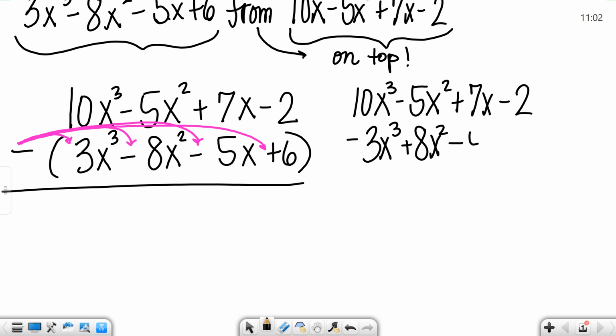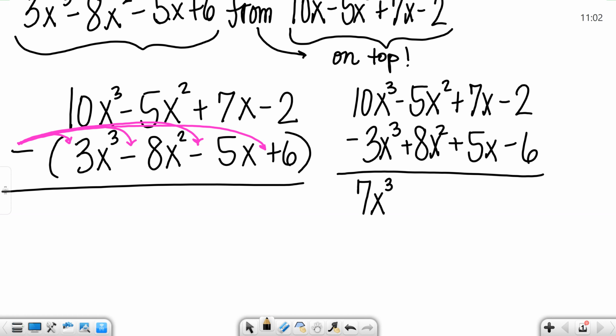Then we had this minus 5x, but times the negative out front makes that a positive. And then our 6 is a positive, but when I multiply it by the negative out front, it becomes a negative. Now I'm ready to do what it says vertically. I have 10x cubed minus 3x cubed gives me 7x cubed.